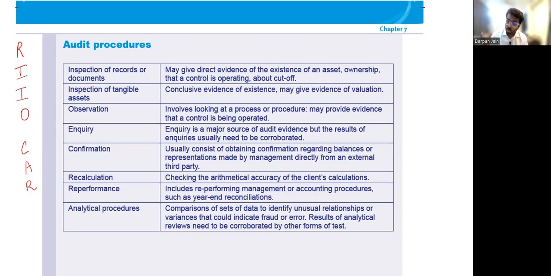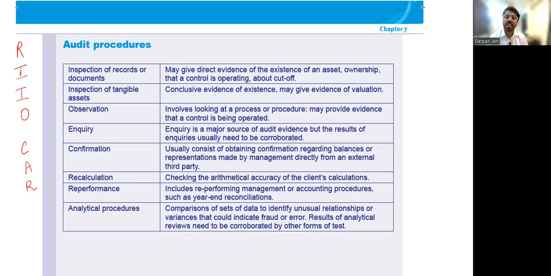So the quantity which is being shown in the books of accounts, whether that quantity is matching the physical inventory or not, what can you do? You can again do physical inspection, right? You can go and physically inspect whether that quantity of raw material is present or not, whether that quantity of finished goods is present or not.